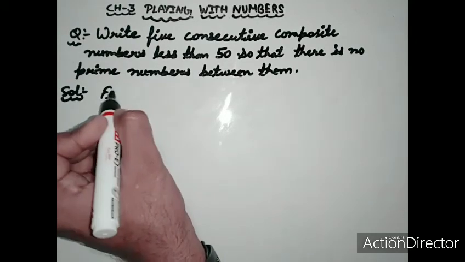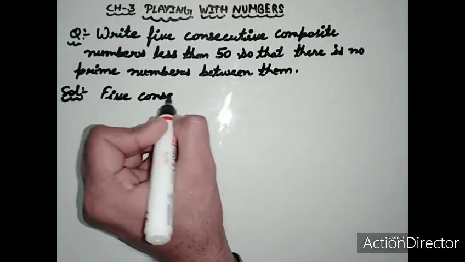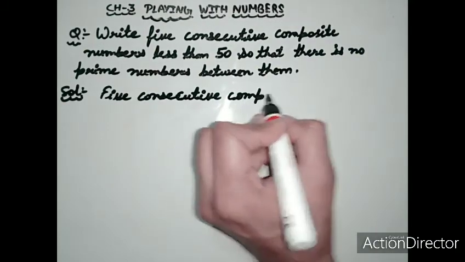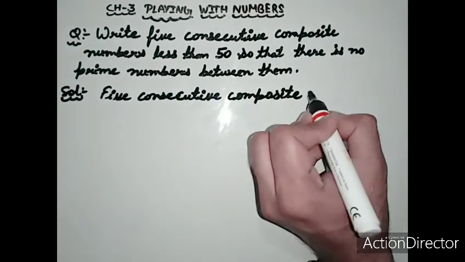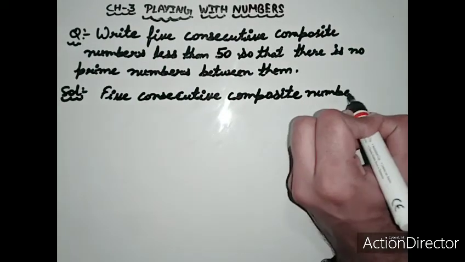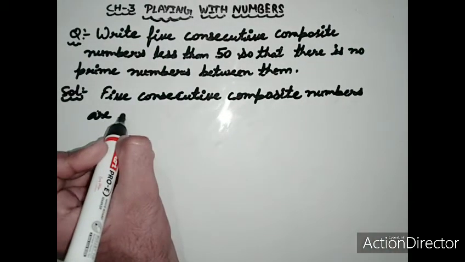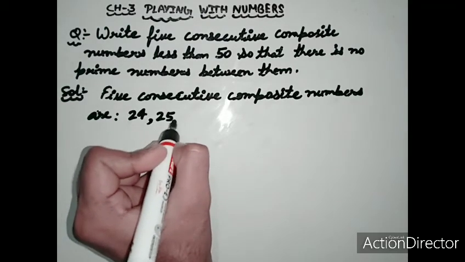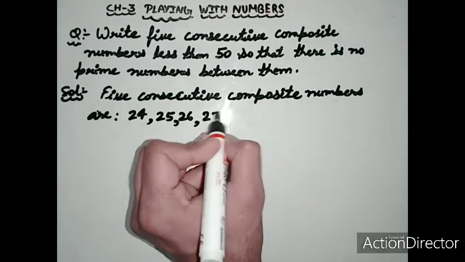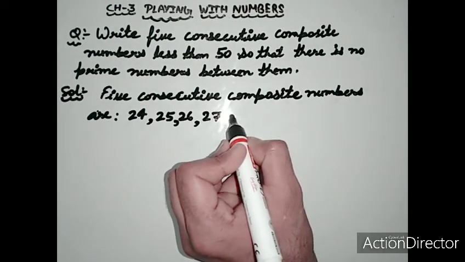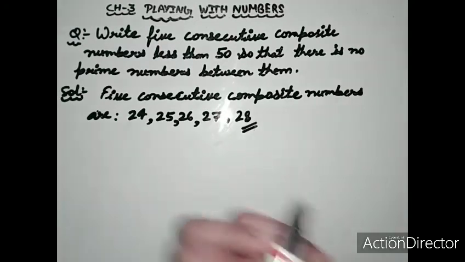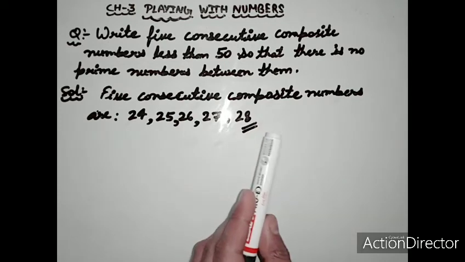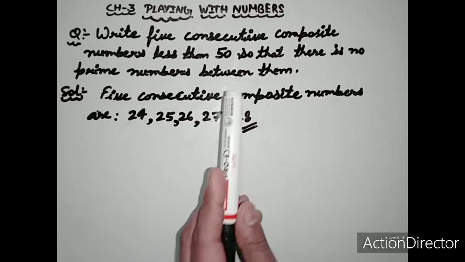So the 5 consecutive composite numbers are 24, 25, 26, 27 and 28. Okay students, so these are 5 consecutive composite numbers less than 50.